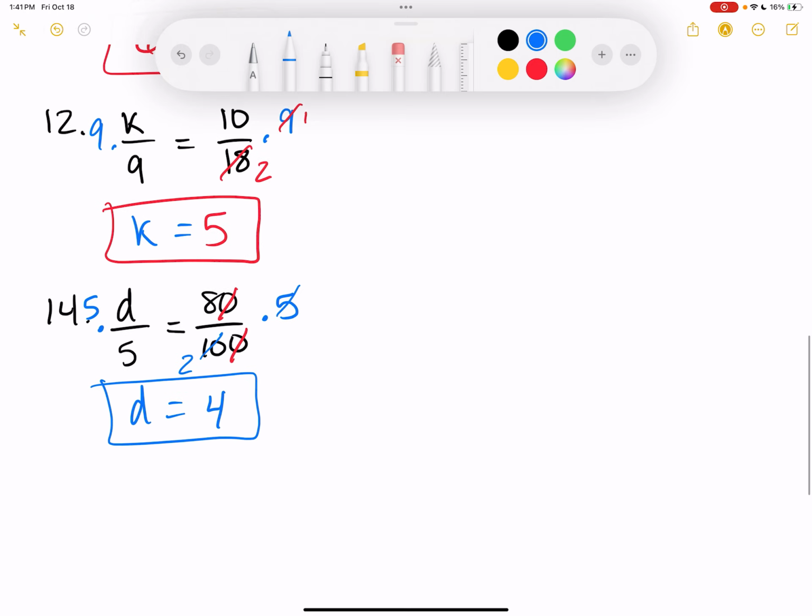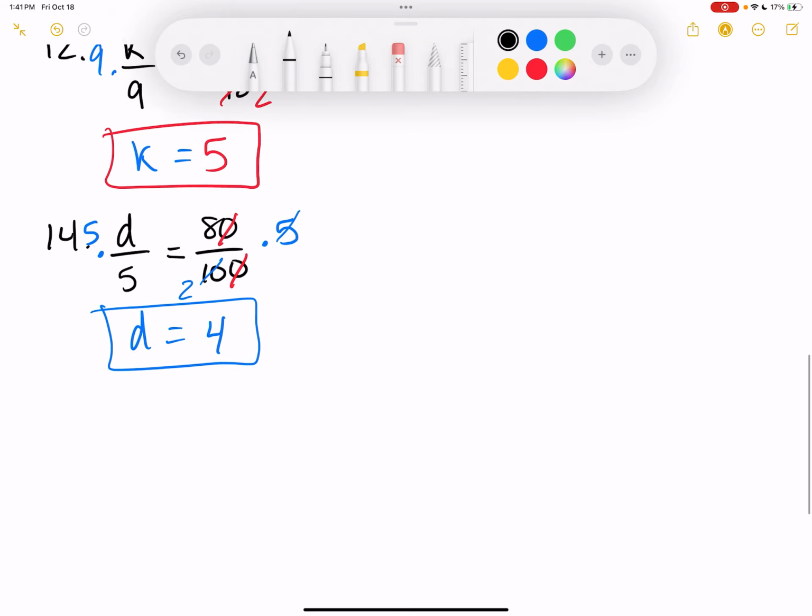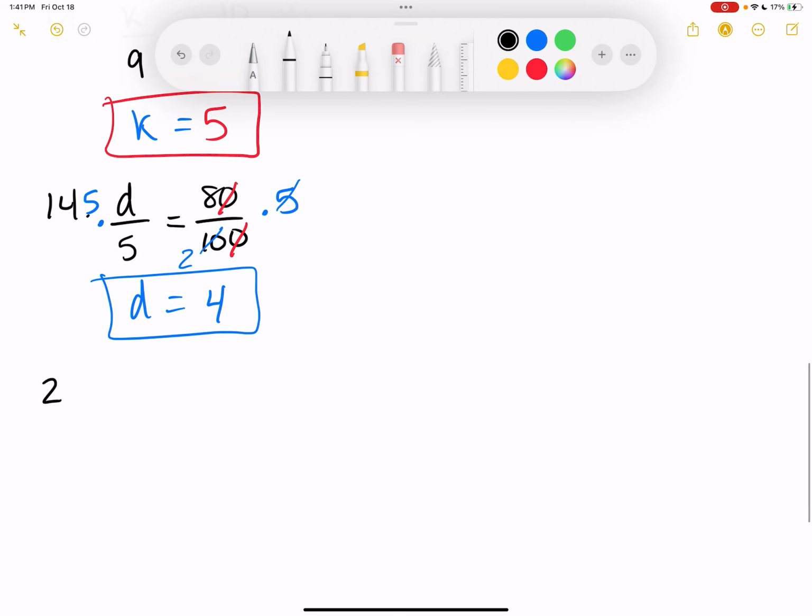All right, I'm going to move into the ones where we're setting them up, because we're still going to be solving, but we're also setting them up. These say write the sentence as a proportion, then solve the proportion. So 24. 5 is to 7 as A is to 49.